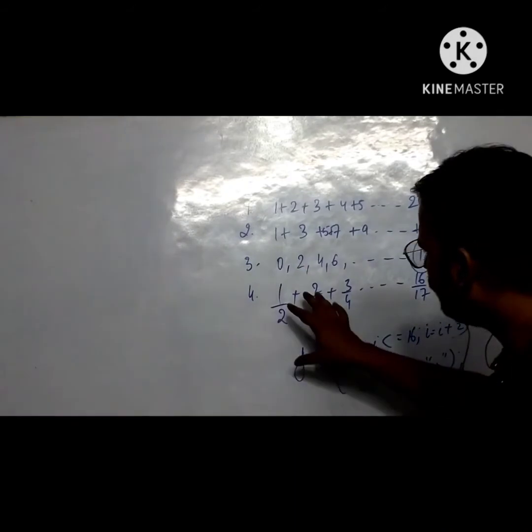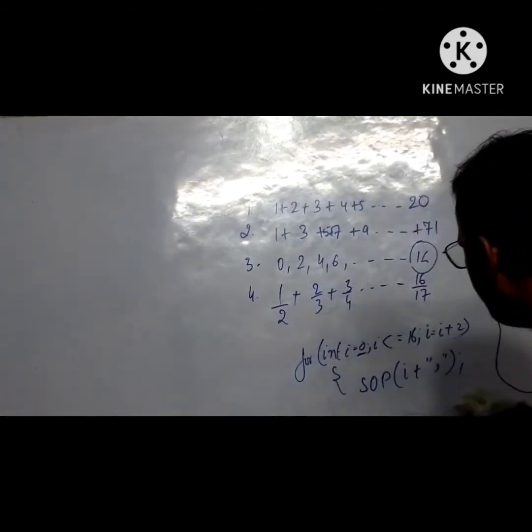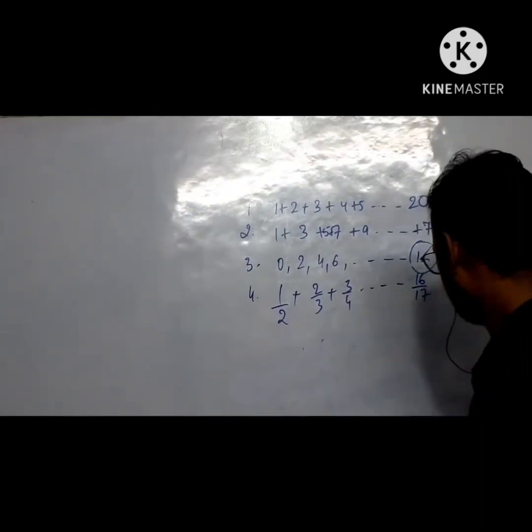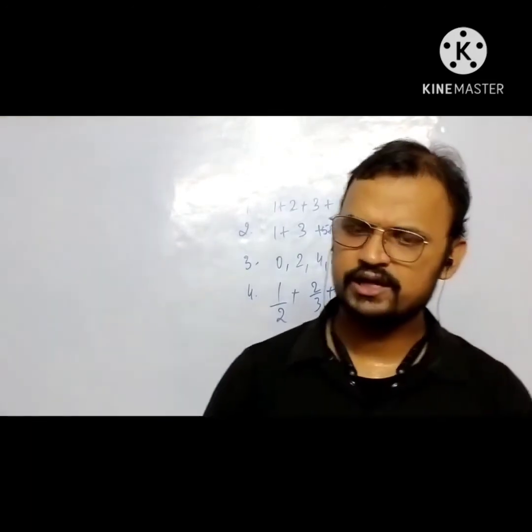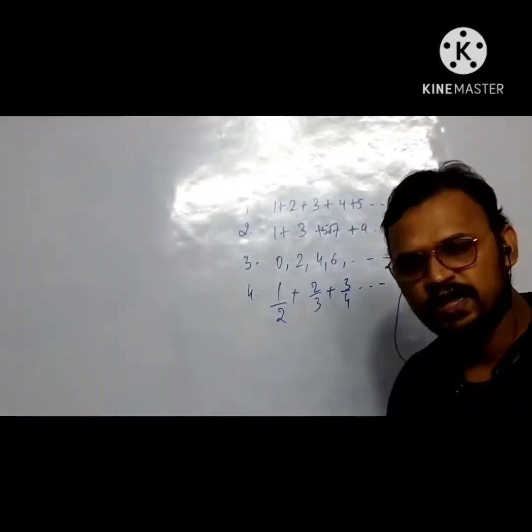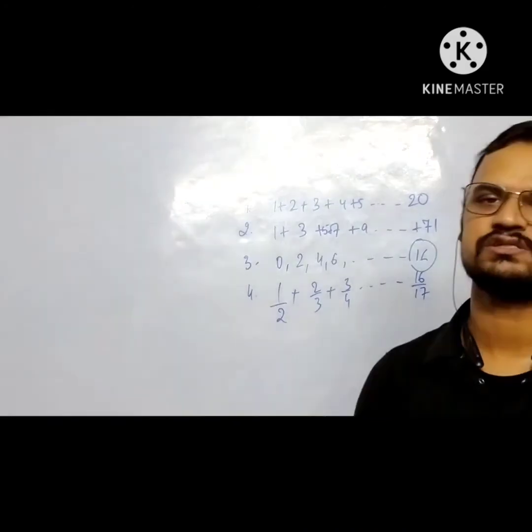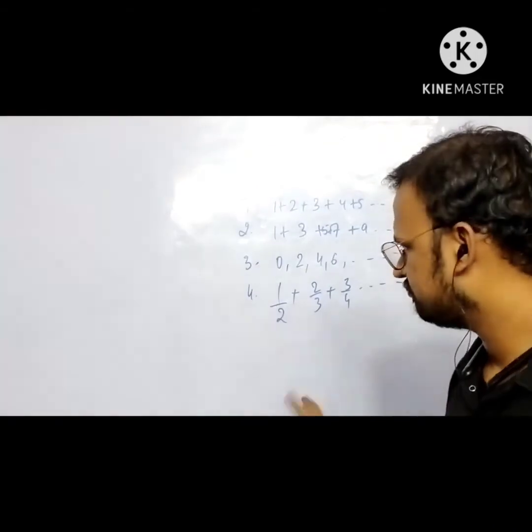Okay, finally we are moving to this part. This is quite different from the other one. Okay, let me discuss this also. See, whenever there is a case of fractions and we have to find the sum of the series or print the series, that is not a different thing actually.